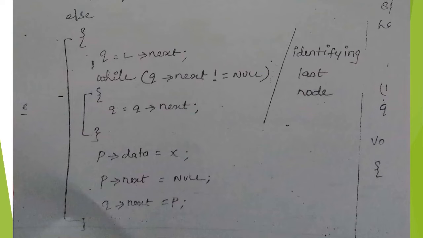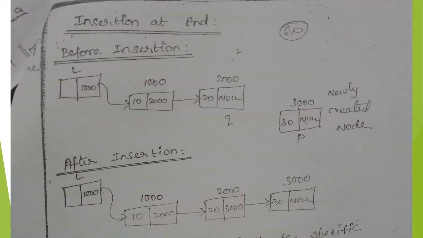So Q will be moved to the last node of the list by using the while loop. Then data X should be assigned to P's data. Null will be assigned as P's next value and P will be assigned as Q's next value. In the example given here, the last node of the list is assigned as Q and P will be assigned as the next value of Q.